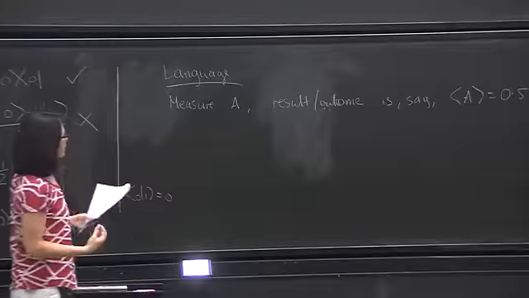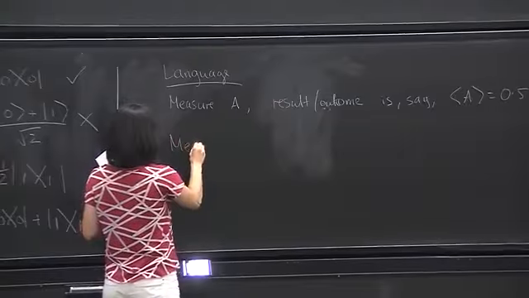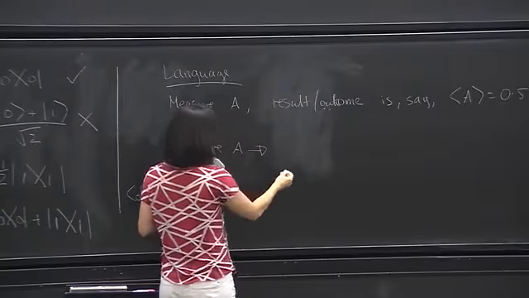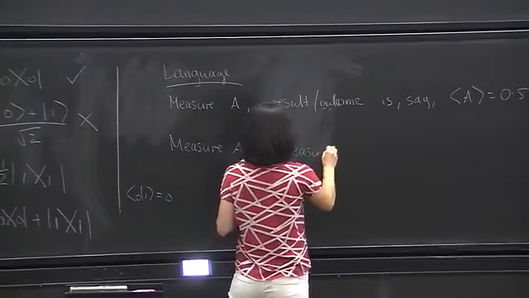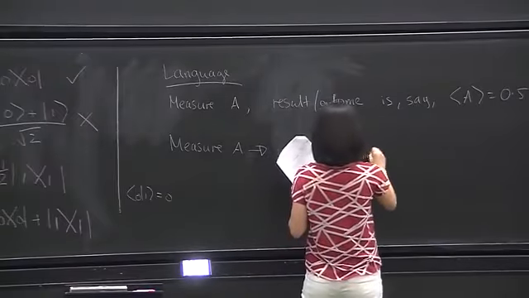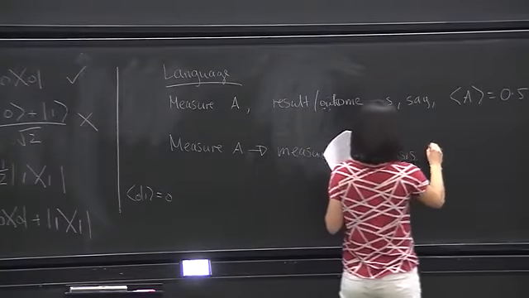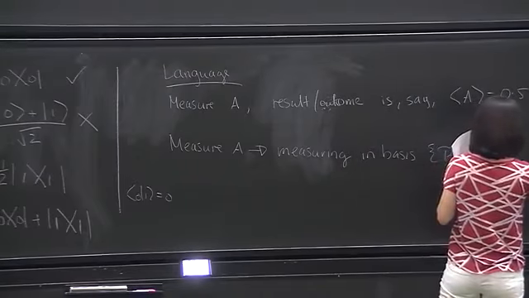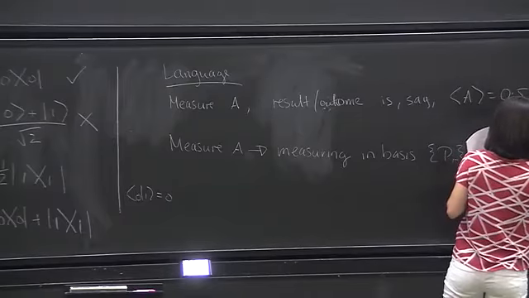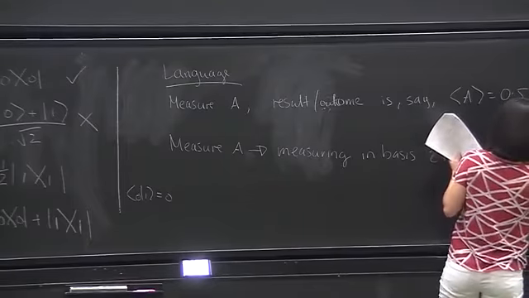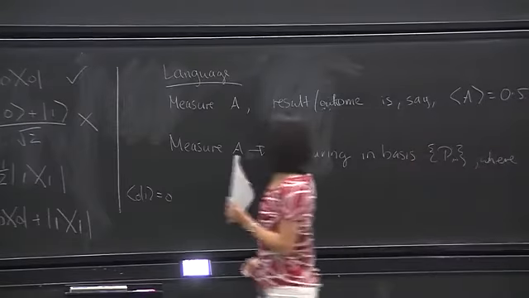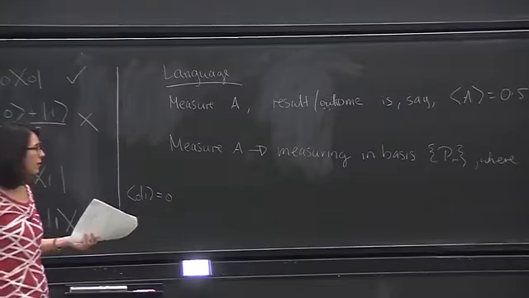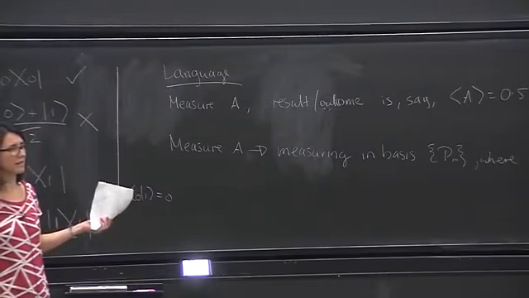When we're talking about projective measurements, when we say that we're measuring an observable A, what we really mean is that we're measuring in a basis corresponding to the eigenstates. I'll be talking about Bloch spheres a lot, so I'll be using the Pauli operators, and people will say things like, oh, measure in the sigma z basis.